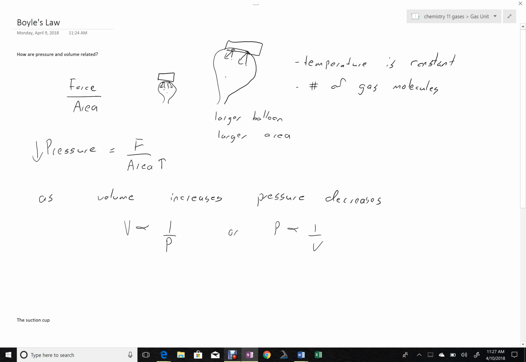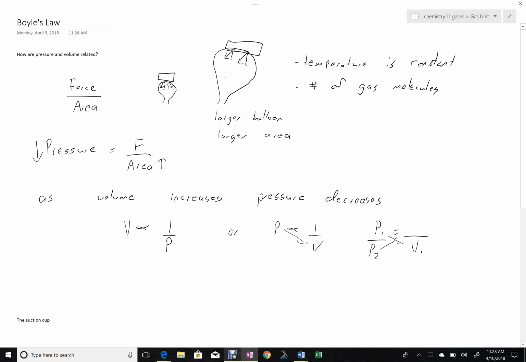To look at changes in pressure, if I want to compare pressure 1 to pressure 2 or volume 1 to volume 2, I can create ratios using these. If I want to see how the pressure in situation 1 compares to pressure in situation 2, because this is an inverse relationship, I put the volume associated with the initial situation inverse to the original pressure.